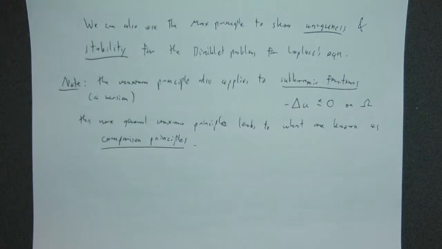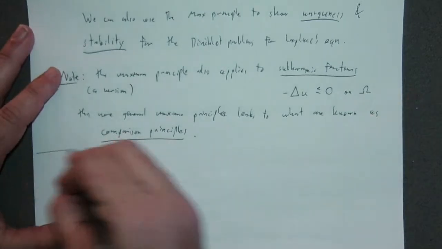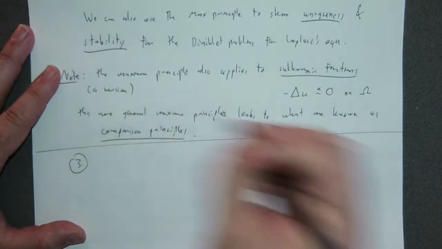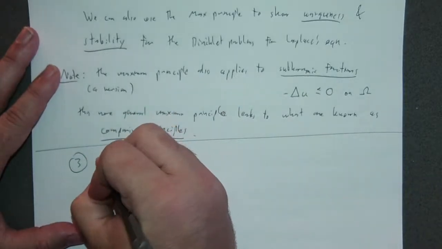And those comparison principles are very, very important for a wide variety of reasons. If you're doing research in PDEs, these comparison principles might be a central focus of study for you. Okay. So the next property, I'm doing this out of order, but this is infinite smoothness.